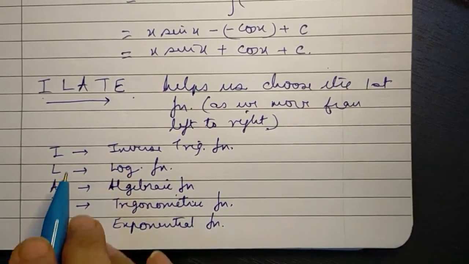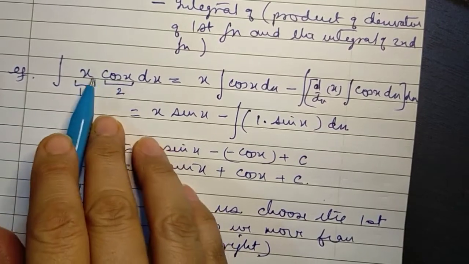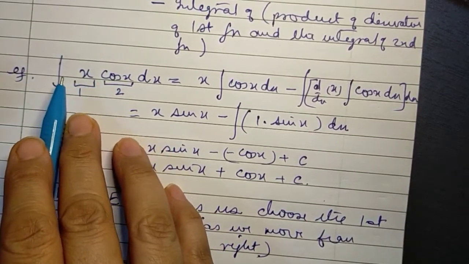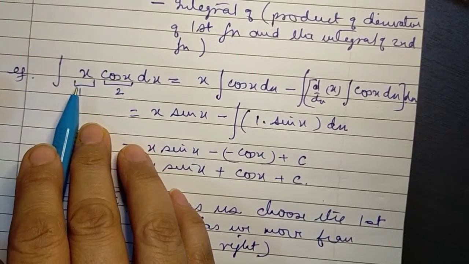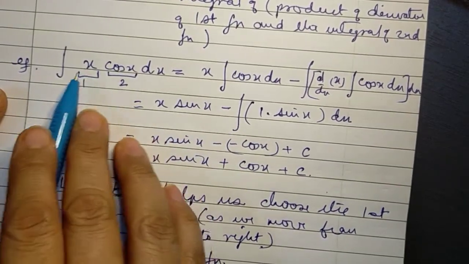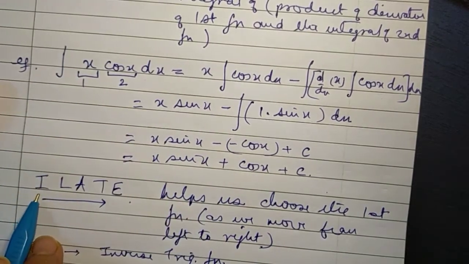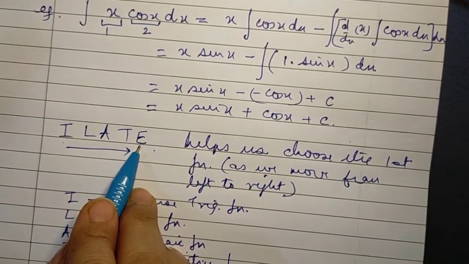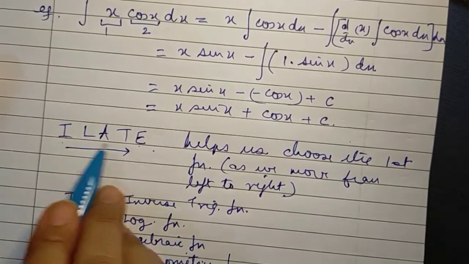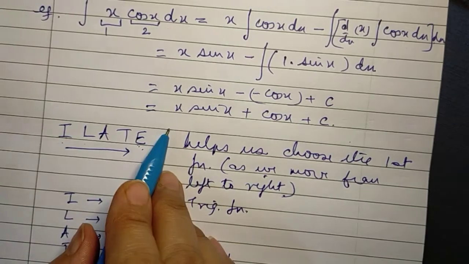Whatever two functions we are given as a product for finding the integral, as we move left to right along ISLATE, whichever function comes first is taken as the first function and the other one as the second.